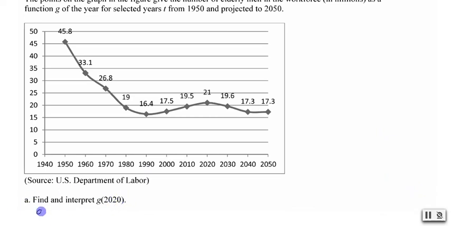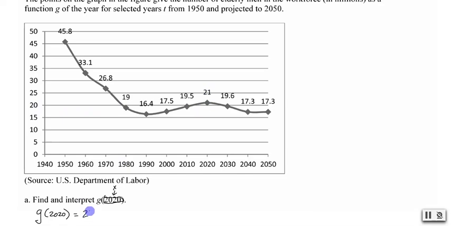Well, g of 2020, they're giving you the hint that, hey, this is our x value right here. So we're going to find 2020 on the x-axis and go up, and it looks like the y value is 21, they're showing you right here.